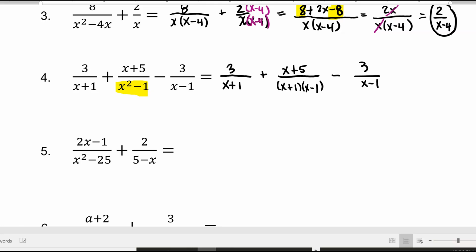So what is the LCD? We can get all of our denominators to look like this, x plus 1 times x minus 1. So we need to multiply the first denominator by an x minus 1 so that it can match up, and the last denominator by x plus 1 so that it could match up.